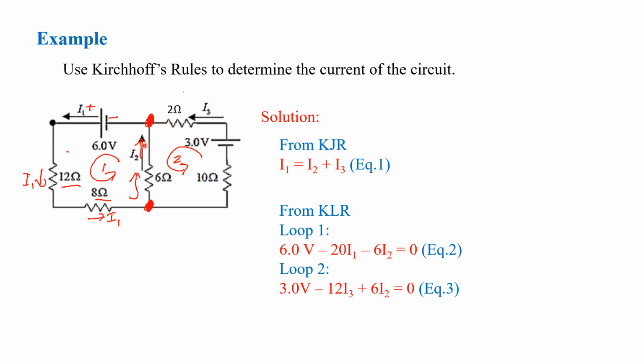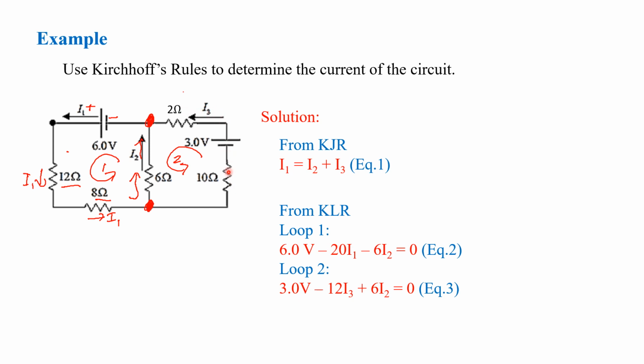This time, the direction of the current is opposite to your travel, so you have positive 6 I2. Then you pass through your 10 ohms, where your current I3 is still the same current passing here because this is a series network, so you have negative 10 ohms.